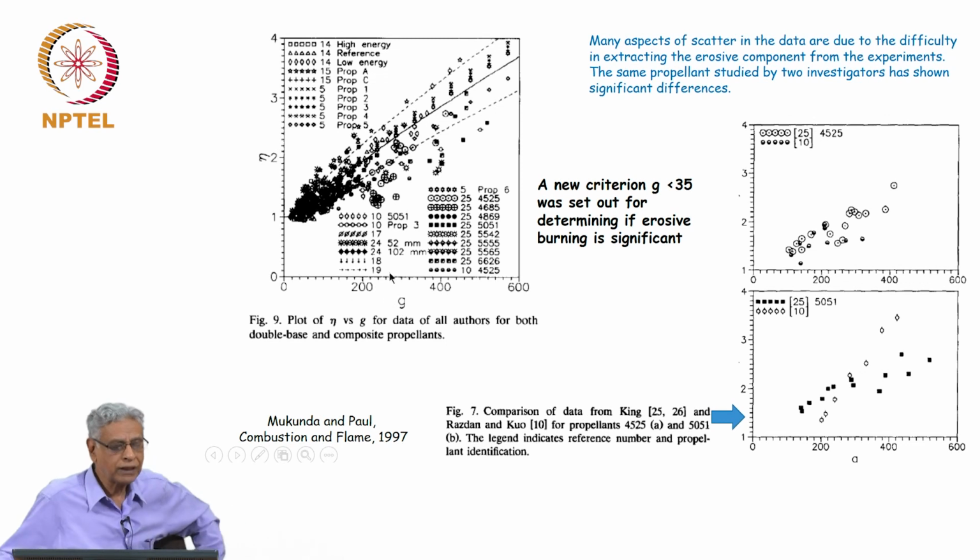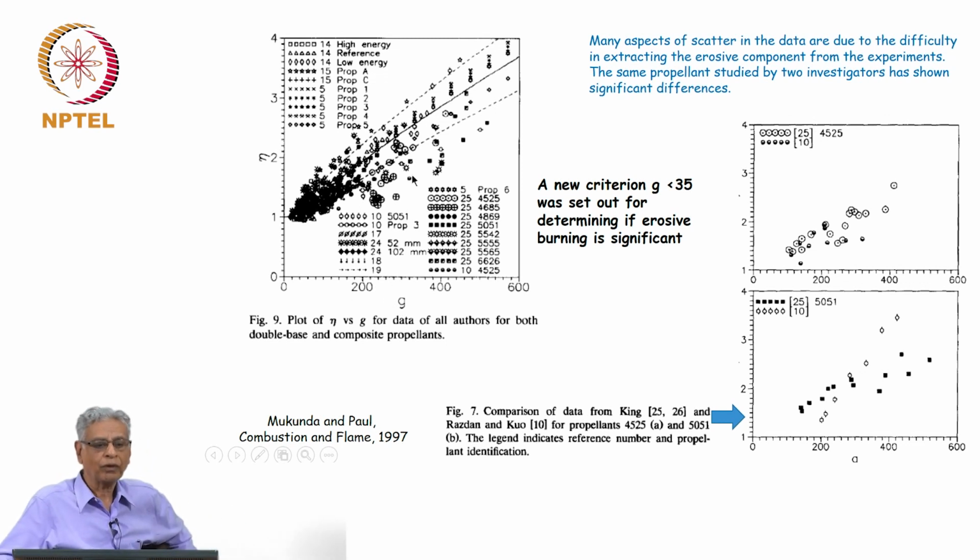Now, you will see that there is also scatter here from various experiments. We have to argue that some of the scatter is not related to genuineness of the expression, but is dependent on the accuracy of the experiments.